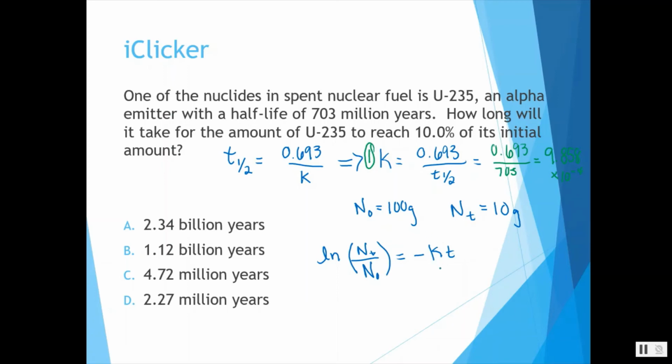This gets plugged in here for k, and we would multiply that by t, and that's going to be equal to the natural log of our N(t), which we said was 10, divided by our N naught, which is 100. The natural log of 0.1 is equal to negative 0.2303. So I'm going to divide that by this negative 9.858 times 10 to the minus 4th. And that will be equal to t.